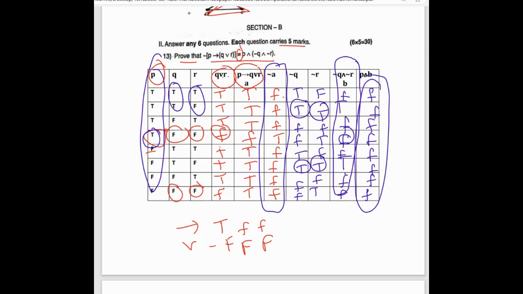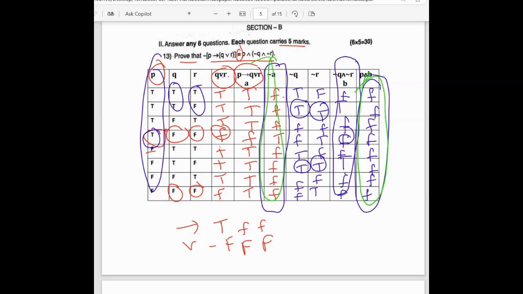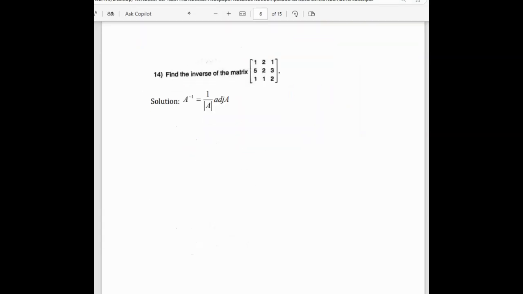The values are different in the answer, so it is different from each other. So we can write this second one and this last line, comparing them, we can say they are not logically equivalent.